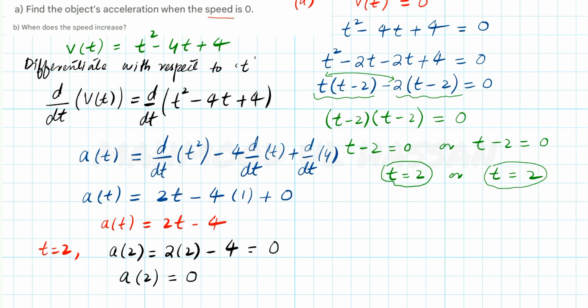The answer is velocity increases when acceleration is positive. It means that the speed increases when the acceleration is positive. We're going to do part B here.